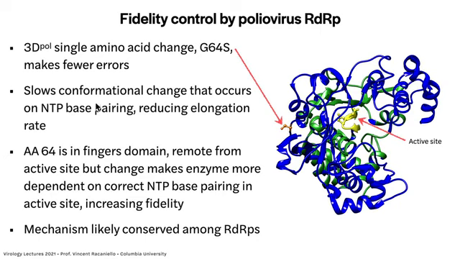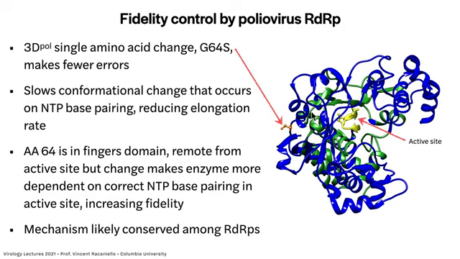And what it's thought to do is slow these conformational changes that occur on base pairing with the NTP, right? So that base pairing that has to occur when the right NTP goes in, the whole conformational change that mediates that is slowed by this amino acid change, which is quite far away from the active site, but nevertheless, it can control what happens in the active site.